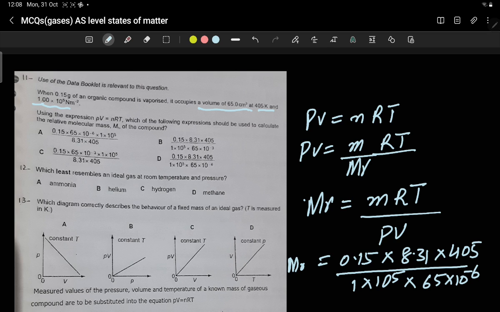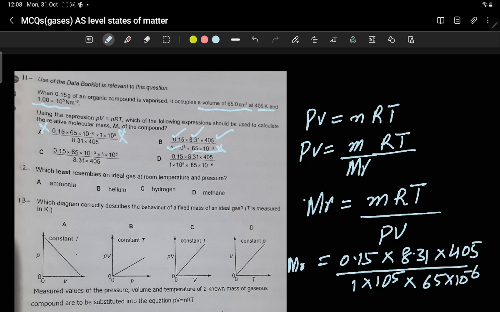This one, 10 raised to minus 65, is not correct. This one has 0.15 mass, gas constant and 405, which is correct, but the volume is incorrect because it is 10 raised to minus 3. This expression is not correct.